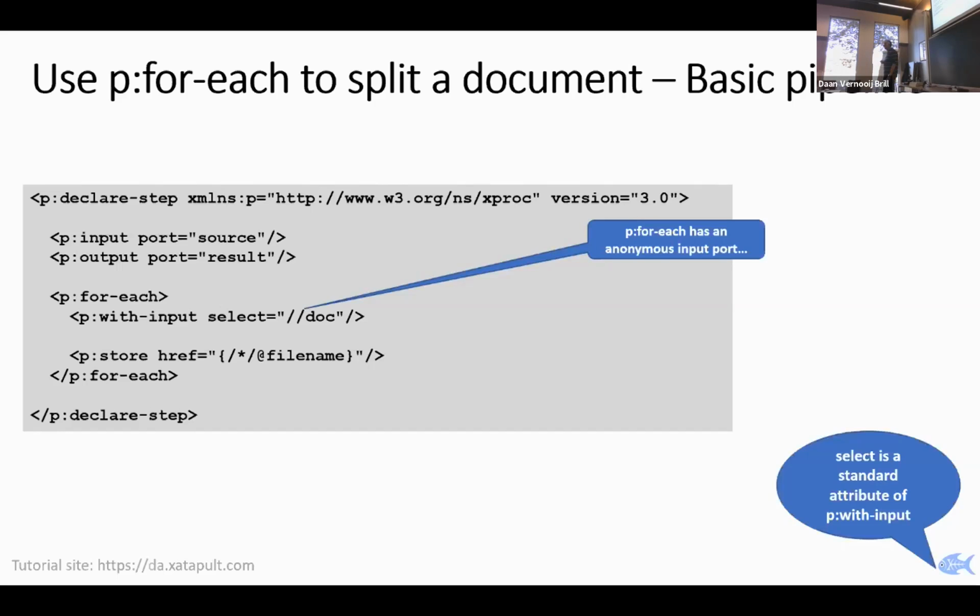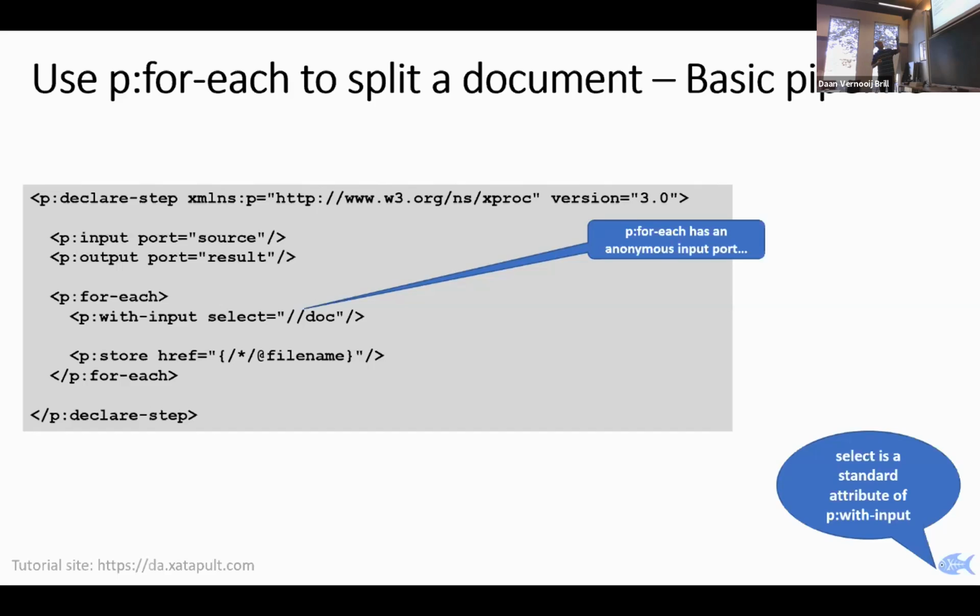p:for-each has something which is called an anonymous input port. So actually, if you don't do anything, it's what comes in on the source port. But if you want to change it like we want to do here, it has an anonymous input port to which you can take care of what comes in on the for-each.